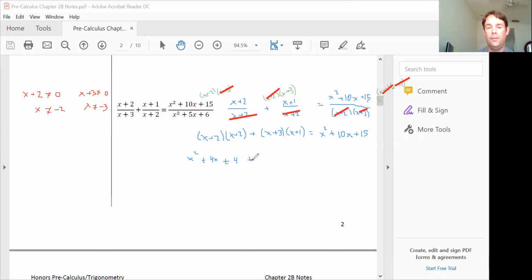Multiplying all these out now: x squared plus 4x plus 3 equals x squared plus 10x plus 15. So 2x squared plus 8x plus 7. So we're combining our like terms on the left side.